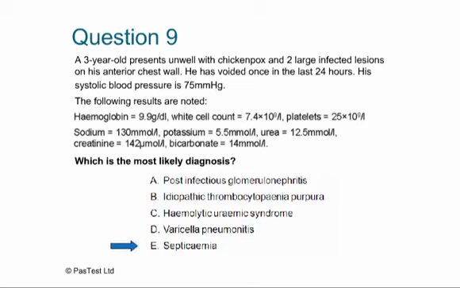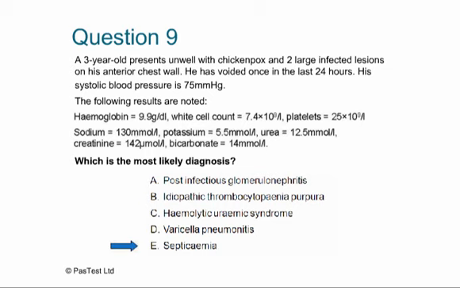So overall, E, septicemia, is going to be the most likely diagnosis. So just running through the order in which the answers would apply, I think E, septicemia, would be number 1, HUS would probably be 2nd, ITP 3rd, with glomerulonephritis 4th, and varicella pneumonitis 5th.